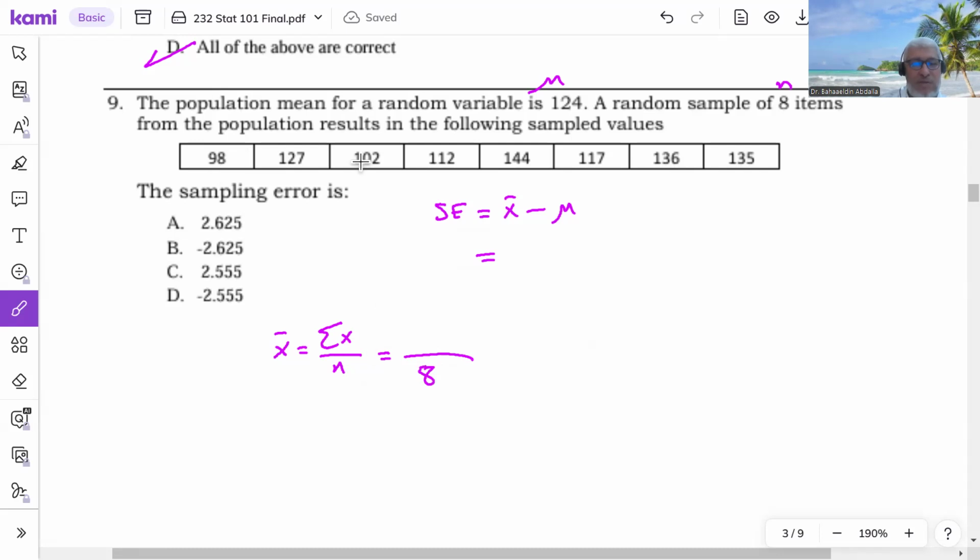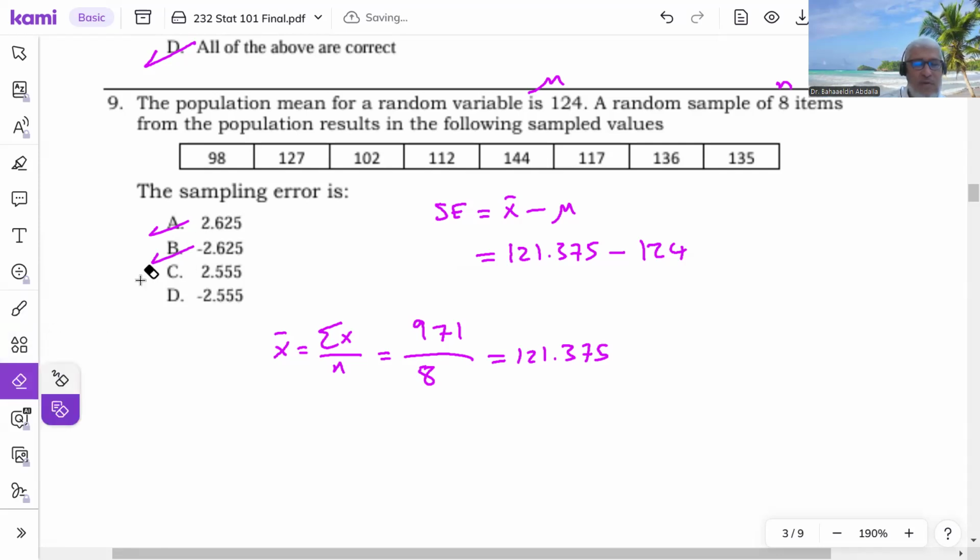So we add all of these numbers, 98 plus, and we find that their total is 971. So the x bar is 121.375. So the sampling error would be 121.375 minus mu, which is 124, and the answer would be negative 2.625. So the correct answer is B, negative 2.625.